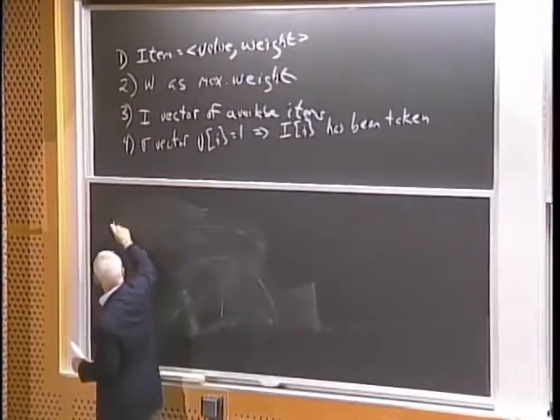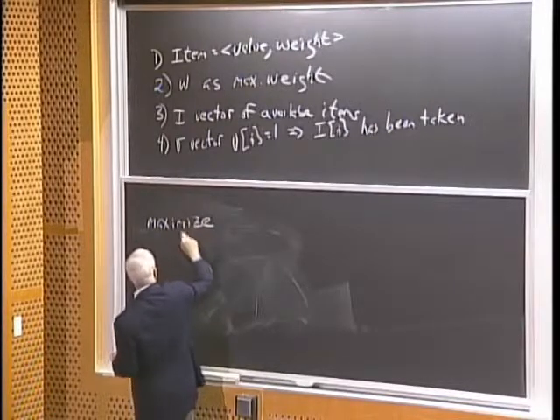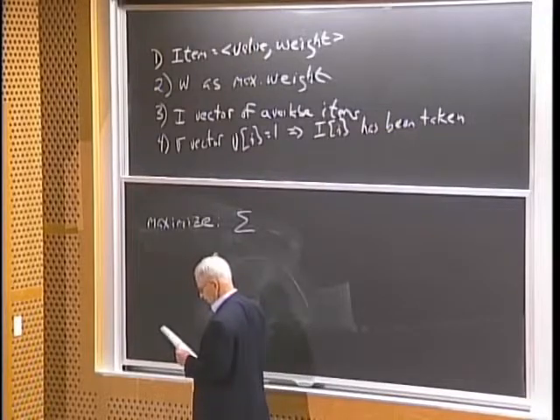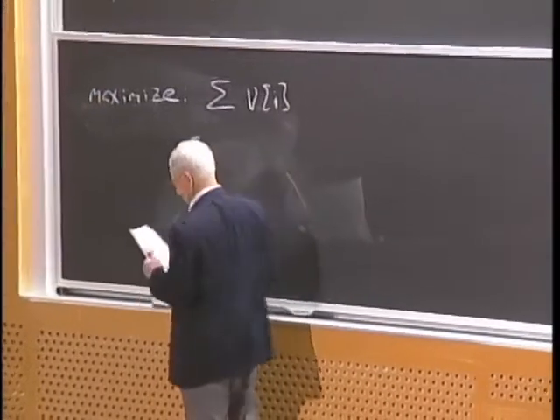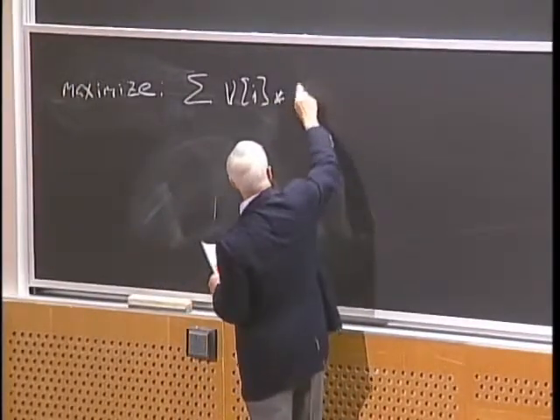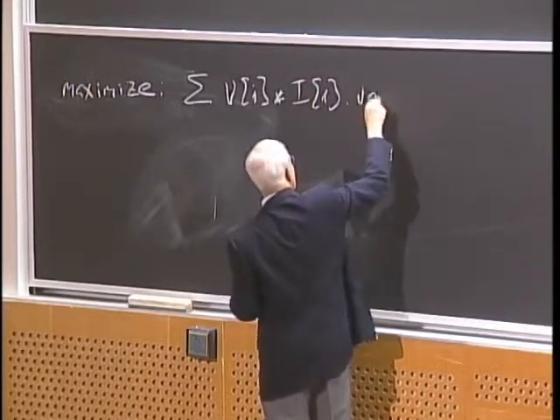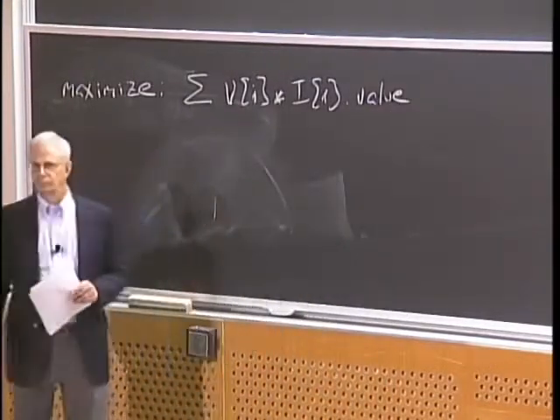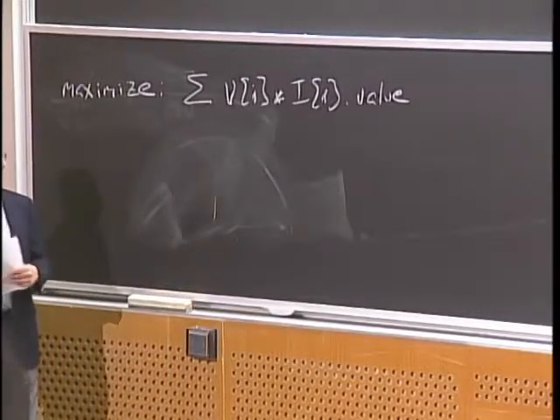So for the objective function, we want to maximize the sum of V sub I times I sub I dot value, where I ranges over the length of the vectors.